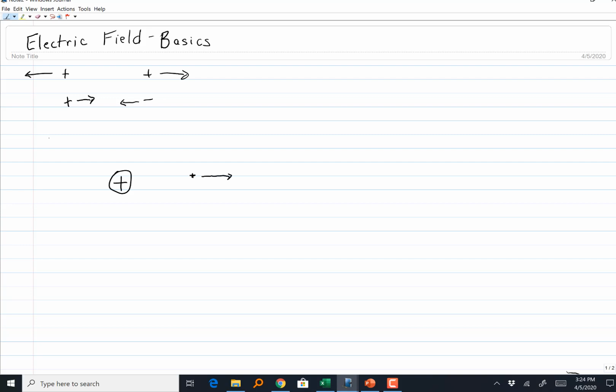And if I start adding more and more of these little test charges, these positive test charges, I can get this set of vectors that are all pointing away from my positive charge. Now, if I take this to an extreme, I can end up saying that if the test charge has an actual size of 0, or we get rid of that charge altogether, what we're going to have left is the electric field.